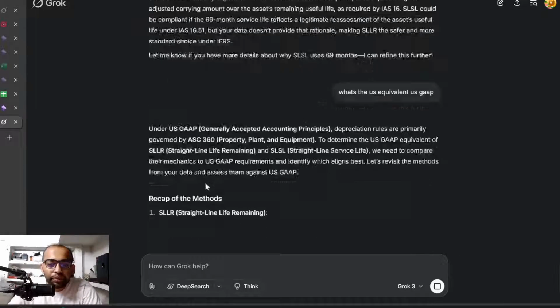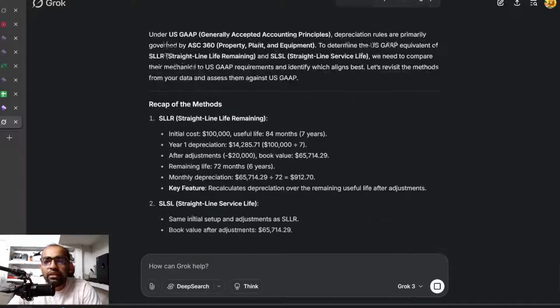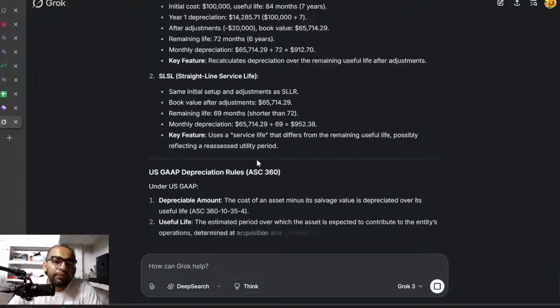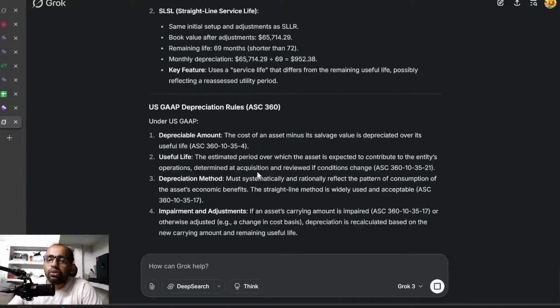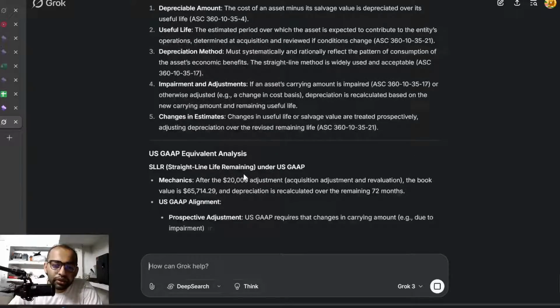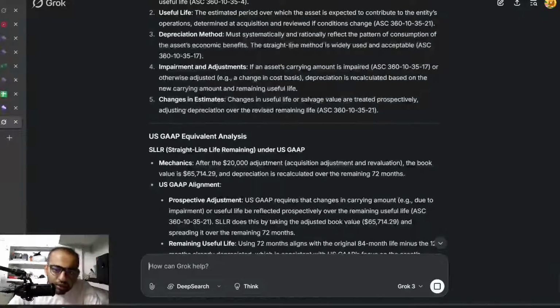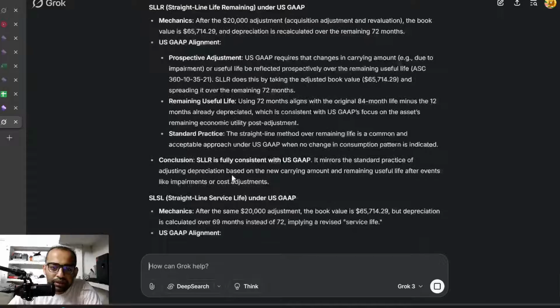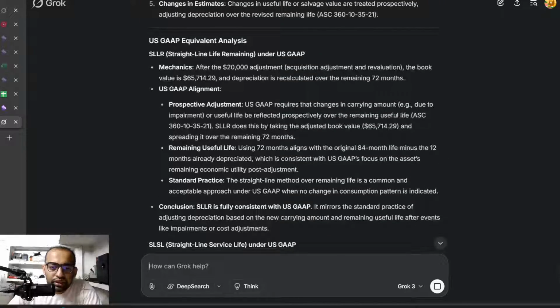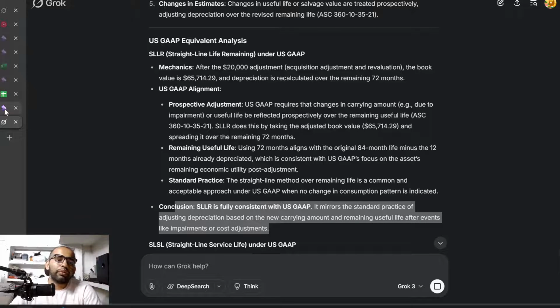We say US GAAP is ASC 360, which talks about this. I think US GAAP should also be saying this principle. But let's see what the explanation is. So yeah, it is saying that SLLR is fully consistent with US GAAP.